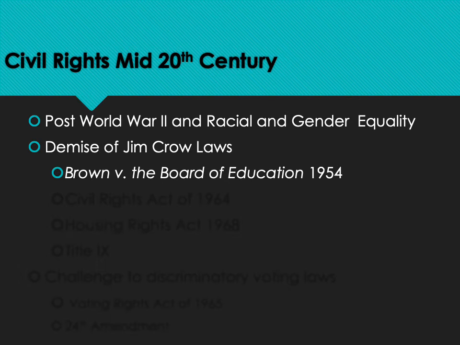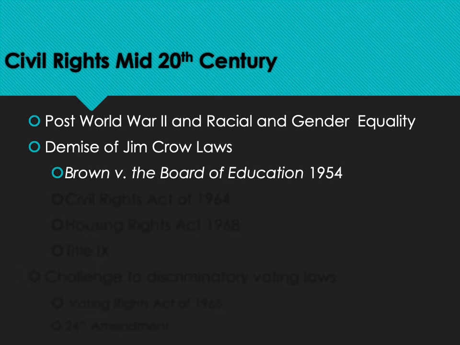One way was the legal segregation of Black and white students in education, and in the landmark case Brown versus the Board of Education, that challenges the segregation laws regarding public education in the state of Kansas and in other states as well.